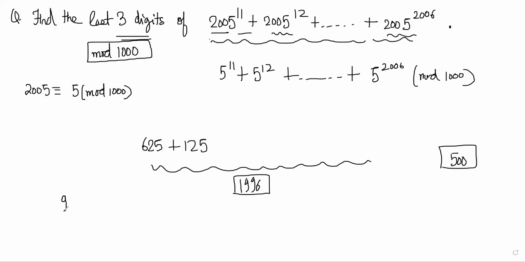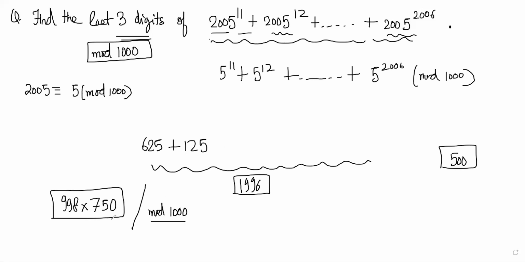So finally it will be 998 into 750. I forgot to add a zero at the back. If it is mod 1000, you can say that this is minus 2 mod 1000, and this is minus 250 mod 1000. So it will be 500.